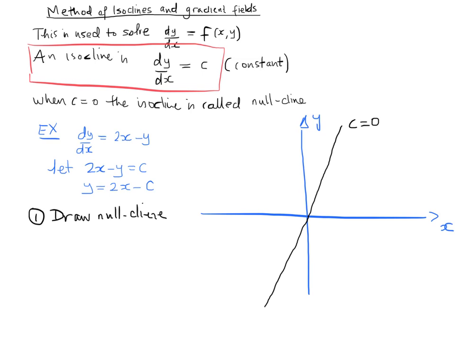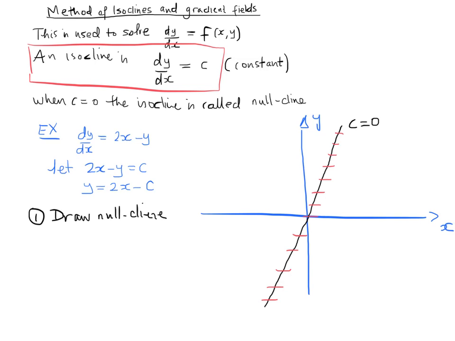The gradient is 0. What does that look like? Horizontal line. So we're going to draw little horizontal lines along there. The red lines are called the slope field. Okay?